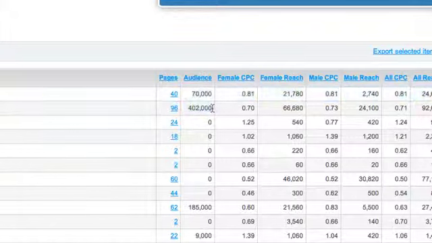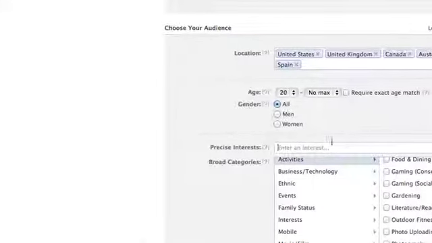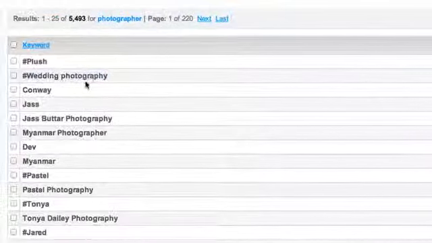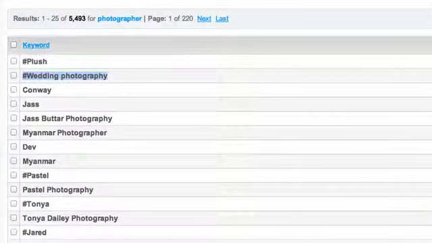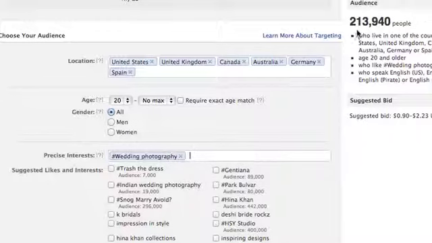Here's the audience. Here's how many people you can go target. Wedding photography, look at this. If you have a wedding photography product, showing photographers how to get more weddings, go into this tool, search, use this keyword. I'm going to copy it and paste it in here. And there it is. 213,000 people that I can go target just about wedding photography.